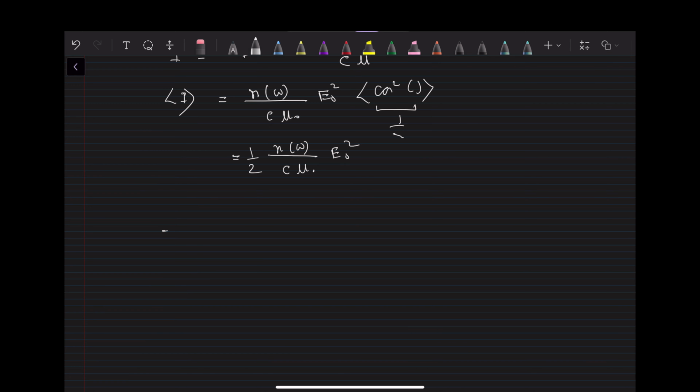You might be already aware of this expression: the velocity of light or an electromagnetic wave in vacuum can be written in terms of mu naught and epsilon naught, and then velocity is nothing but one over the square root of mu and epsilon, where mu is mu r mu naught.